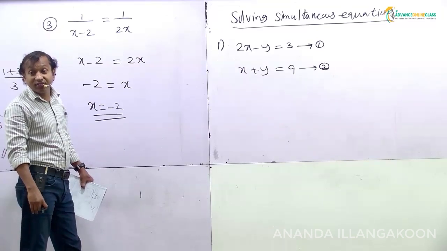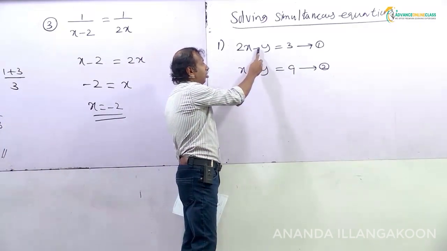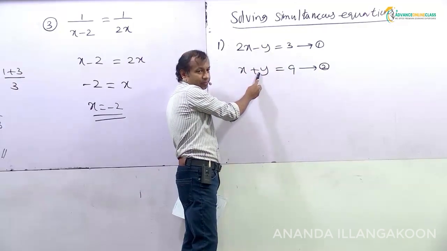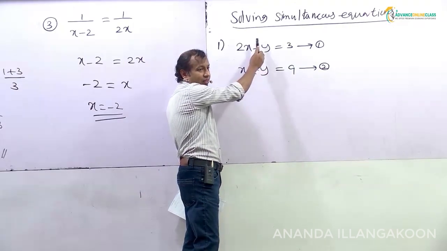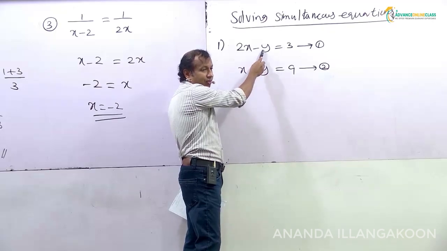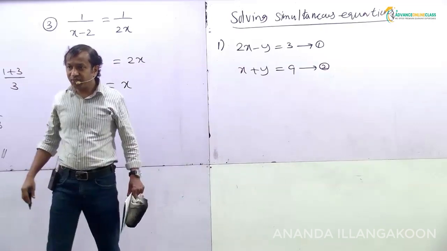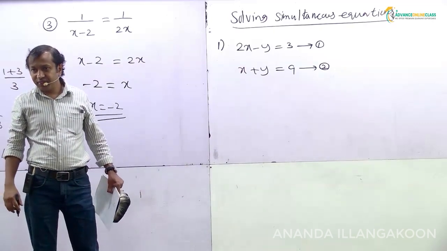Here y has a minus sign, minus y here, plus y. Once we add 1 and 2, the plus y will cancel with minus y. Then the y letters will disappear from the left hand side, giving the answer for x first. This is very easy.